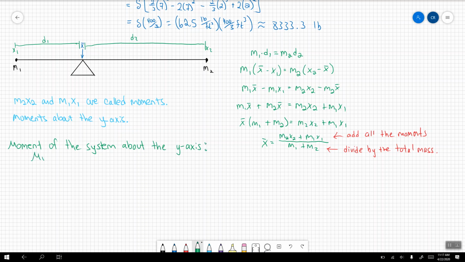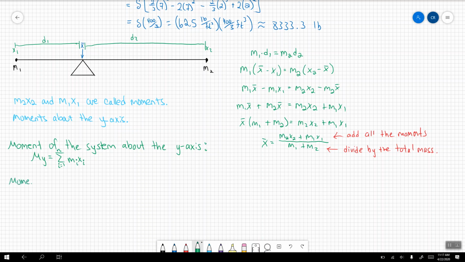These moments, we're going to denote moments, capital M, sub y, that's going to be around the y-axis. Well, that's going to just be the summation of all of the moments that we're going to be looking at that are going to be moving away from that y-axis. All right, and we're just going to take that total sum.